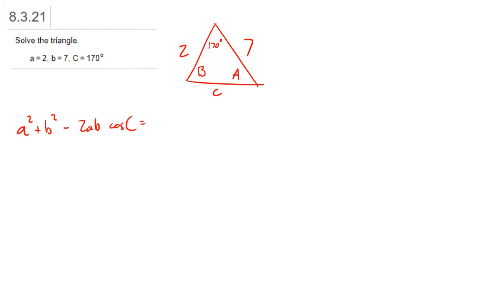There we are. Lowercase a is 2, so this is a 4. Lowercase b is 7, so that's a 49. 2 times 2 times 7 is 28. C was 170 degrees. Little c was the only thing we didn't know. If I just punch this into a calculator, 4 plus 49 minus 28 times the cosine of 170 degrees, I get 80.57.